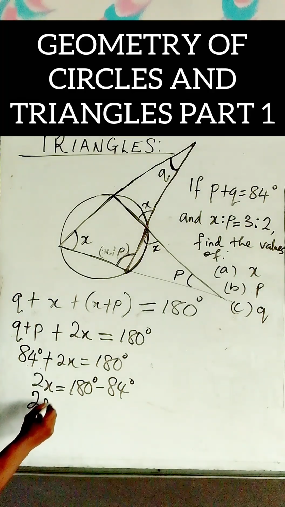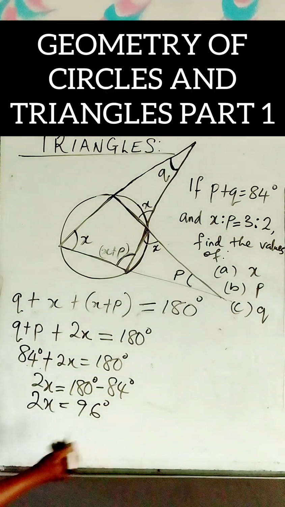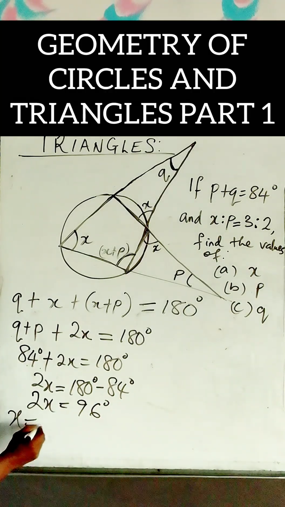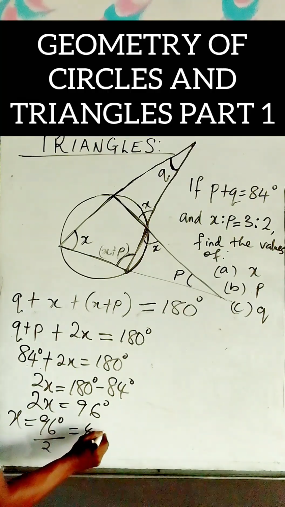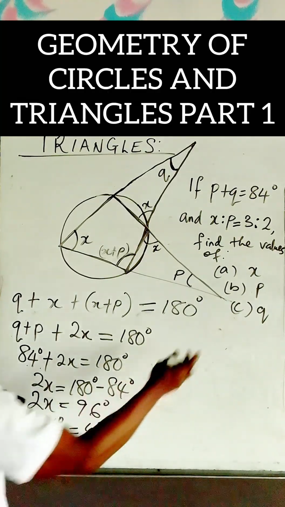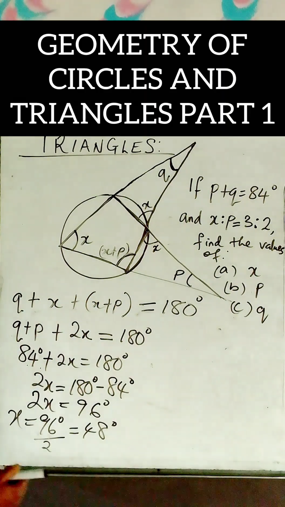So our 2x is 96 degrees, and we can get our value of x. Our x is going to be 96 degrees over 2, which will give us 48 degrees. So we've obtained the base value, which is x, as 48 degrees.